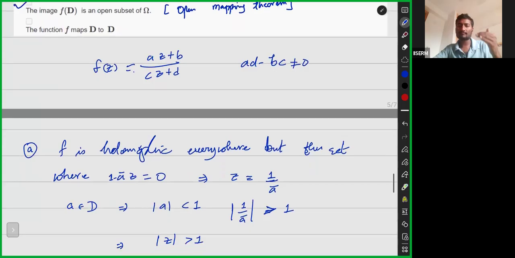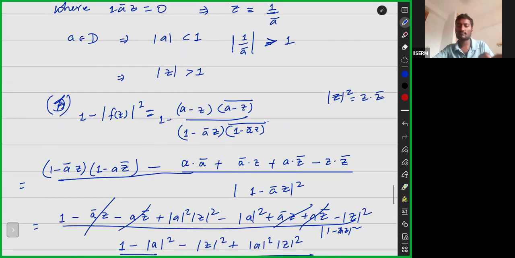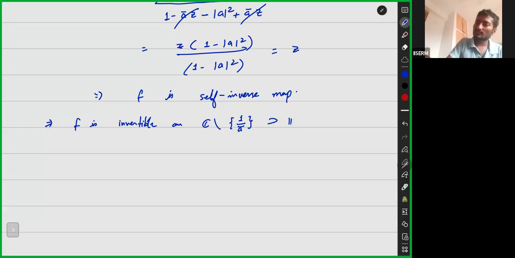The map is a bijection on C minus 1 divided by A bar, and D is contained here. This implies f of D is equal to D.